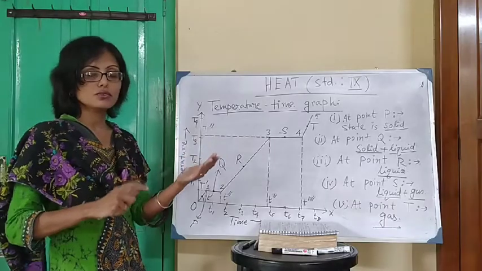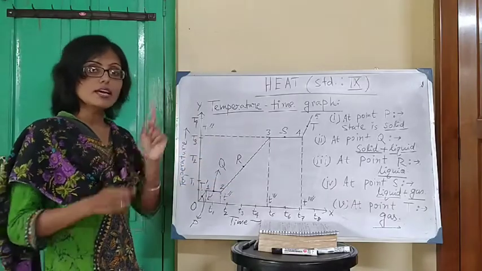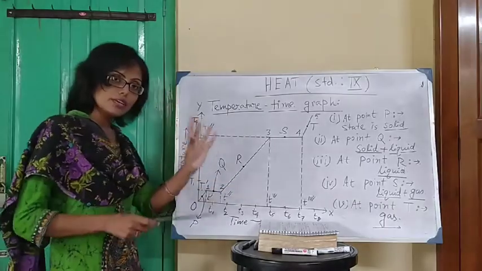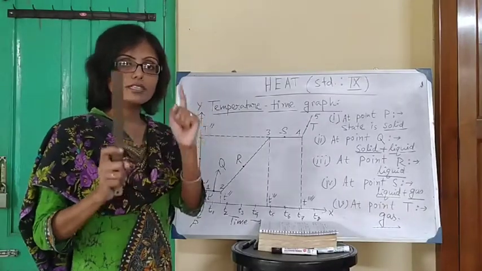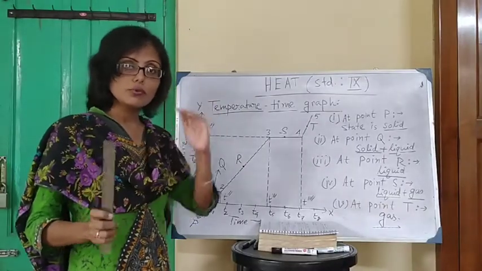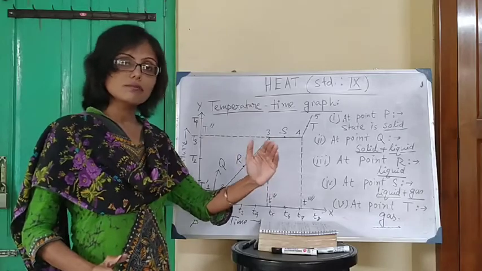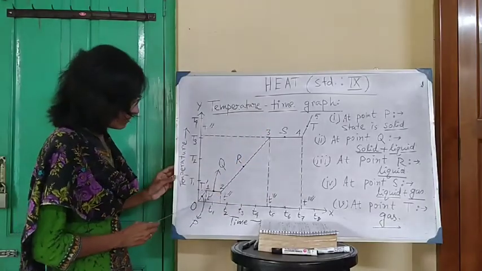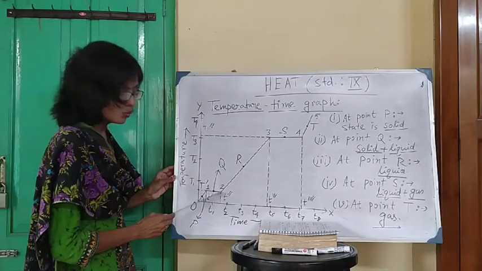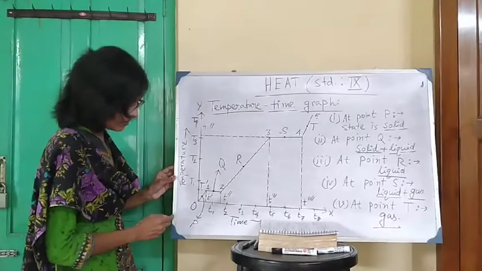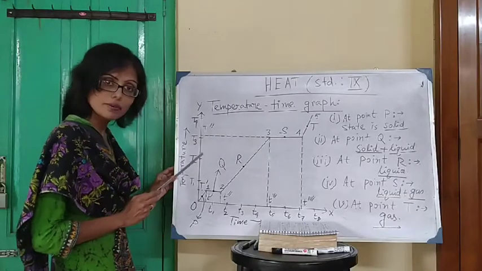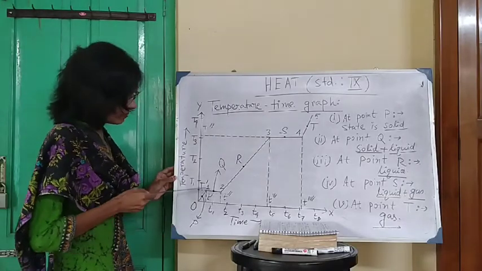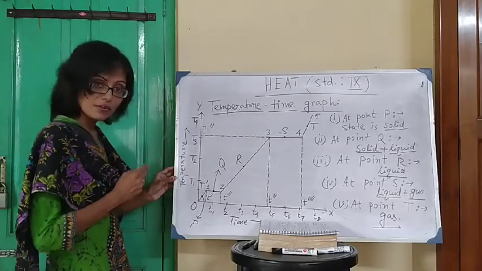But we are supplying heat from outside at a constant rate, so time increases from t prime to t double prime, but the temperature remains constant at big T prime.